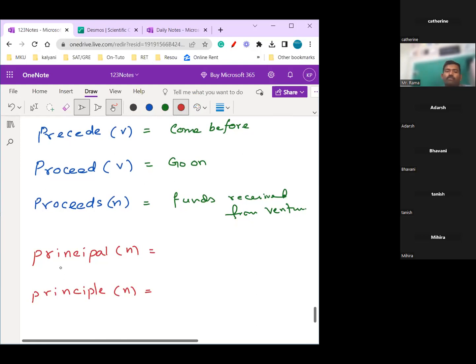Which one is the first one? Principal. Principal is basically the head of the school. So the school principal, that's right. The first one is the head of the school, or school principal.